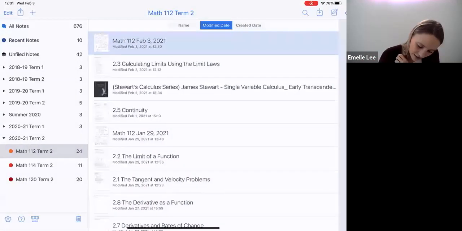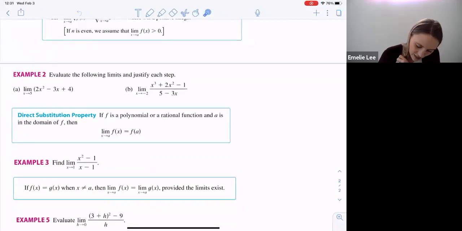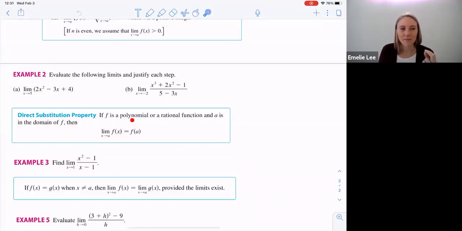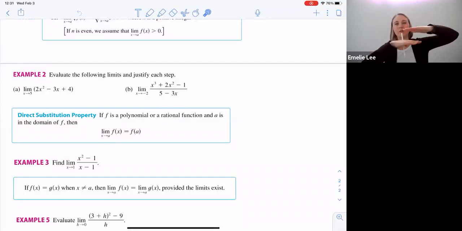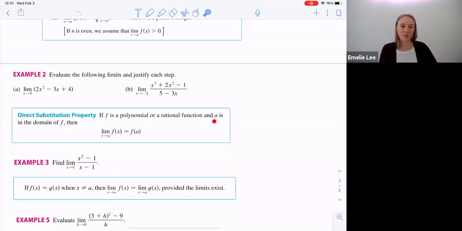But before we do that, let's establish what we said before, right: if we have a polynomial or a rational function, a rational function is a polynomial over a polynomial, okay, and a is in the domain, that's going to be the important part. Then the limit as x approaches a of f of x is just the function at a.